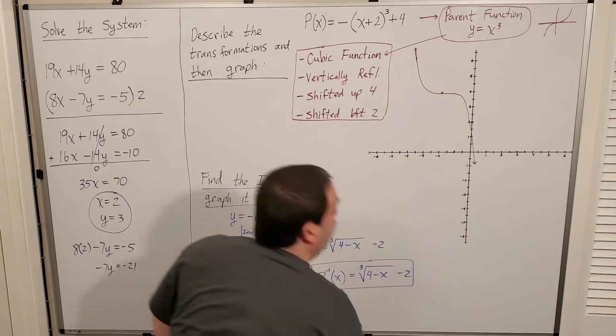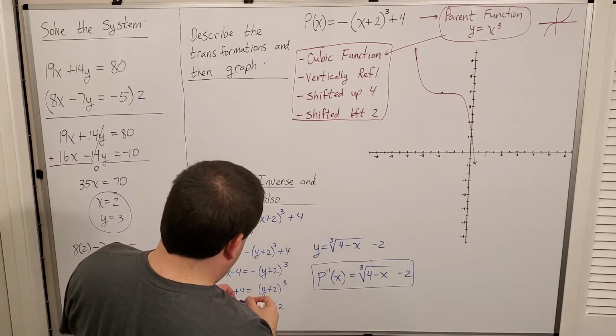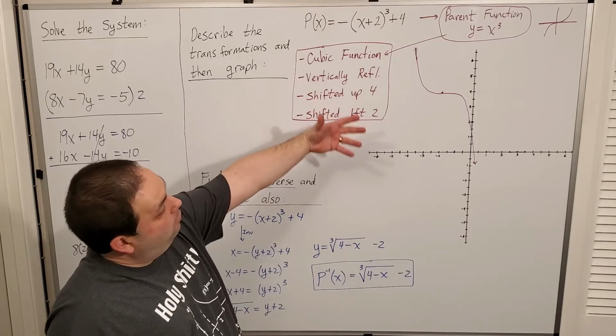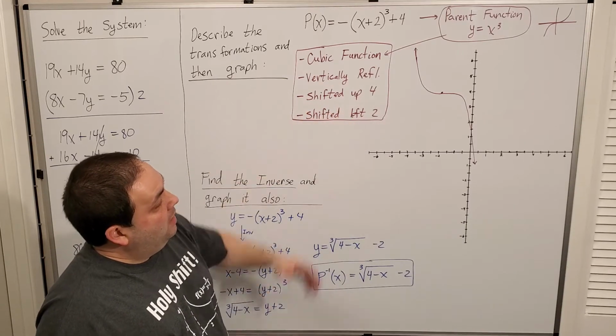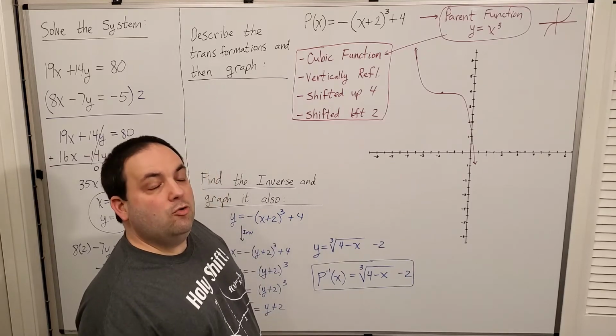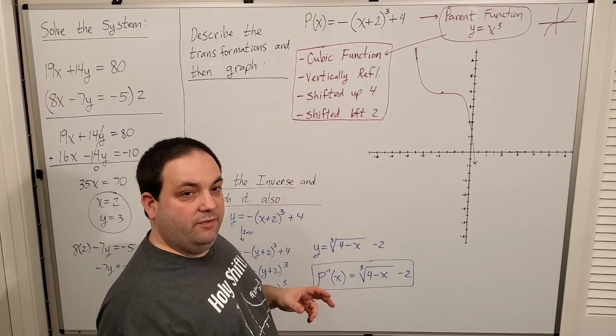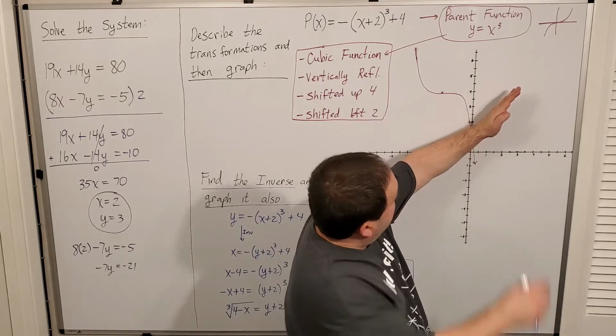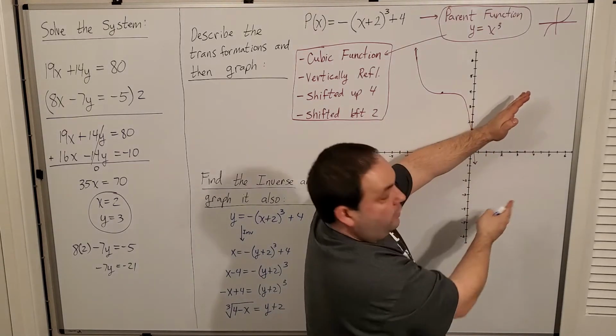Now, to graph this guy. There's a couple of ways you could approach this. Since I've already got the graph of the original, I could go with the graphing and inverse graph method, which would be to draw the line y equals x and then reflect this over it.